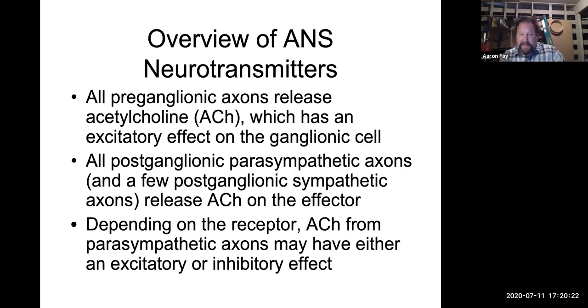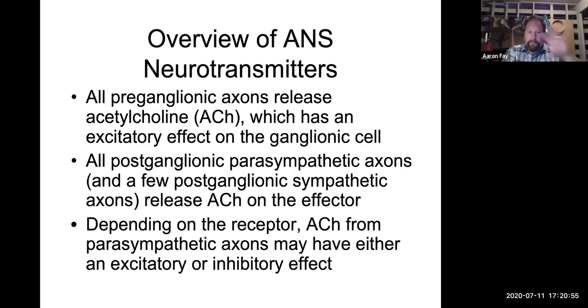Now, depending on the receptor, acetylcholine from parasympathetic axons may either have an excitatory or an inhibitory effect. So let's take a look. All postganglionic parasympathetic axons release acetylcholine on their effector. So neuron number 2 in the parasympathetic system is releasing acetylcholine. It may excite or it may inhibit. I think I didn't say that quite clearly enough.